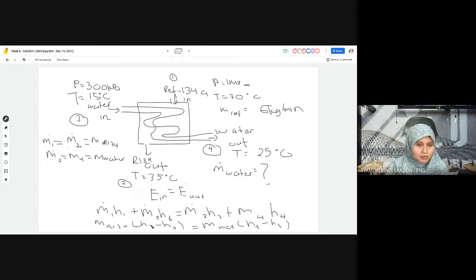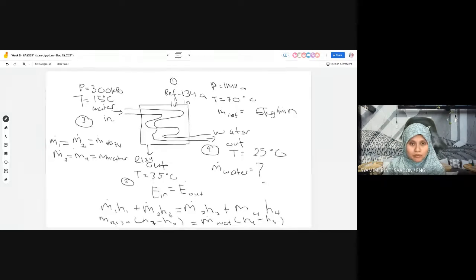Given temperatures 15 and 24 degrees Celsius, 300 kilopascal. This one, table 300 kilopascal.